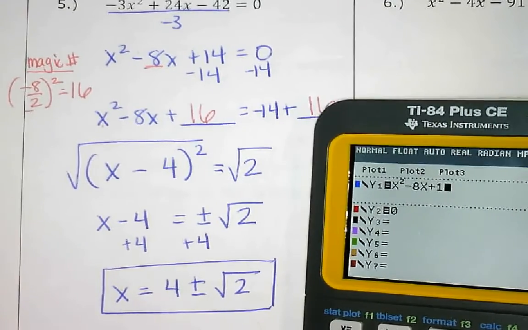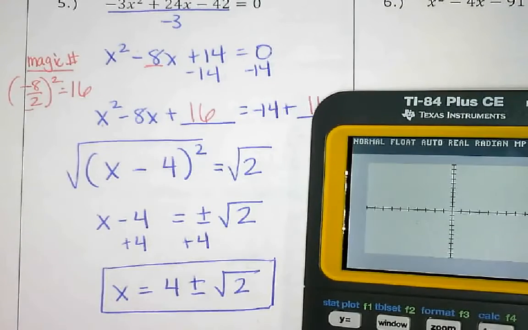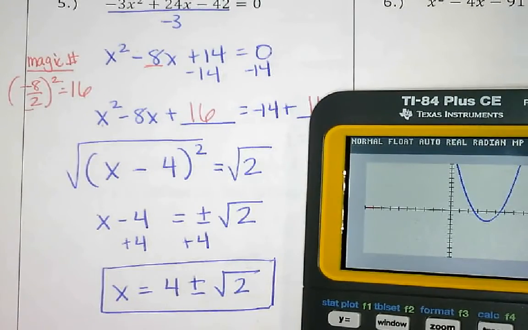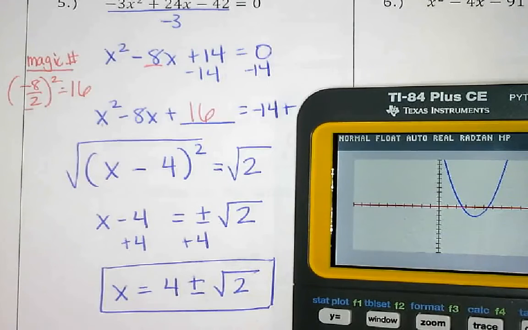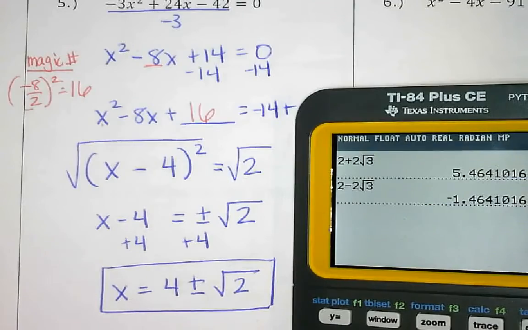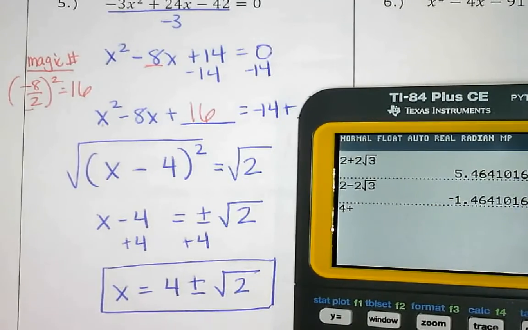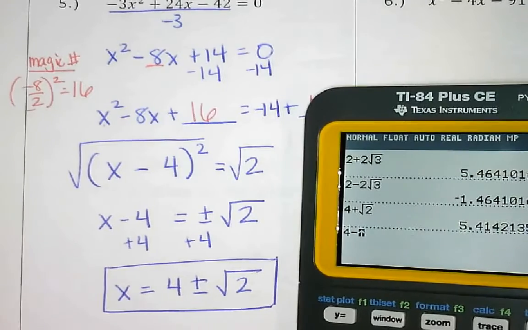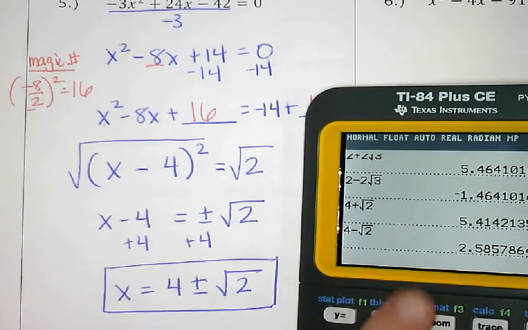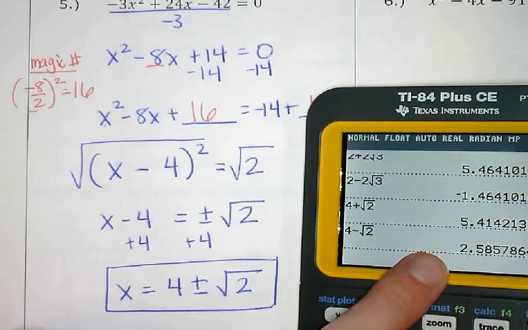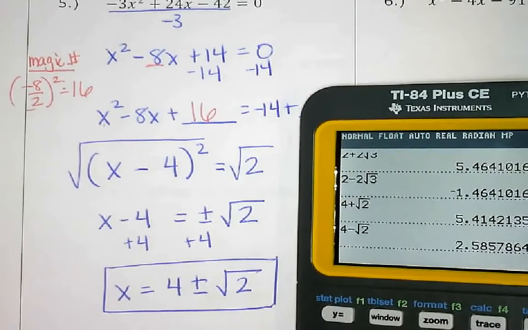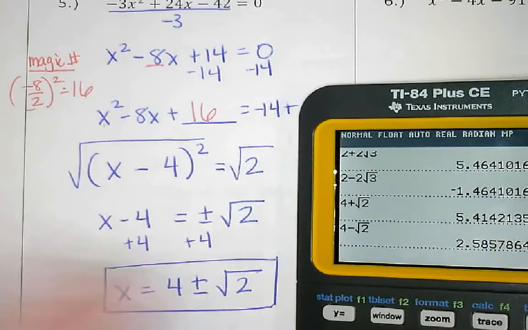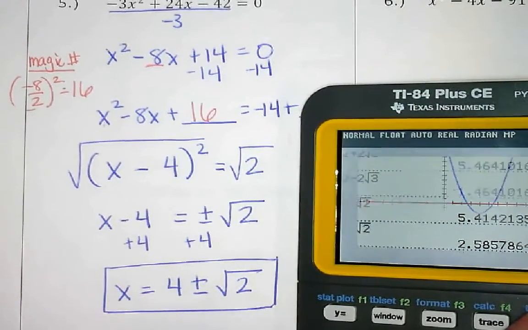We do have our 2 solutions. 4 plus the square root of 2 is one of them, and 4 minus the square root of 2 is the other. So that's 5.4 and then 2.58, 2.6-ish. Let's go back to our graph. That looks pretty good. We got about a 2.6, and yep, 5.4 looks about right.